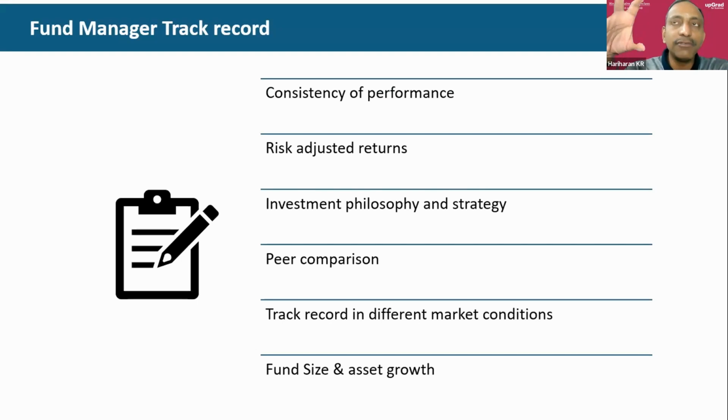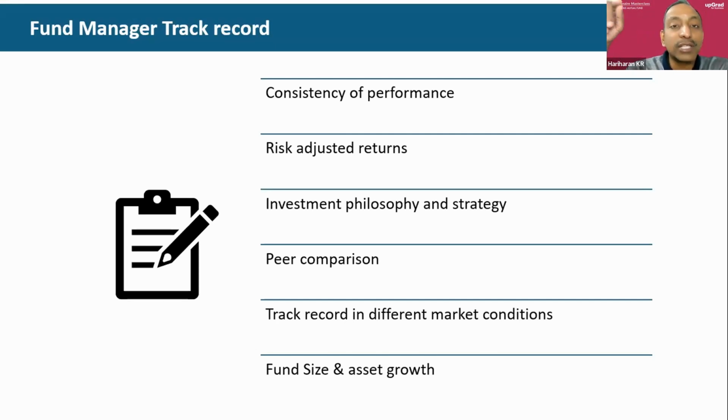So therefore, when you evaluate a fund manager, just try to look at some of the parameters. Consistency of performance. When I say consistency of performance, essentially we are trying to talk about whether the fund manager has been like Rahul Dravid instead of a Sehwag. A Sehwag can hit the first ball for a six, he can get out on the first ball.